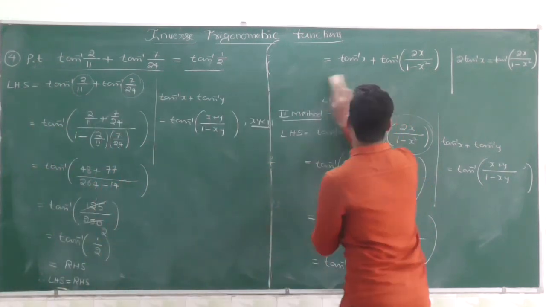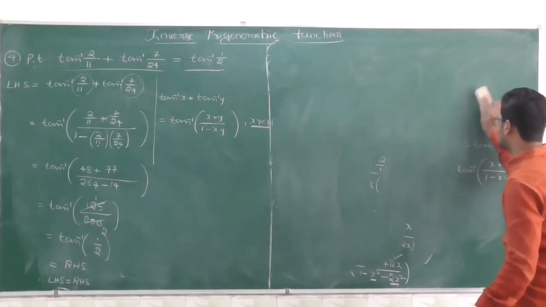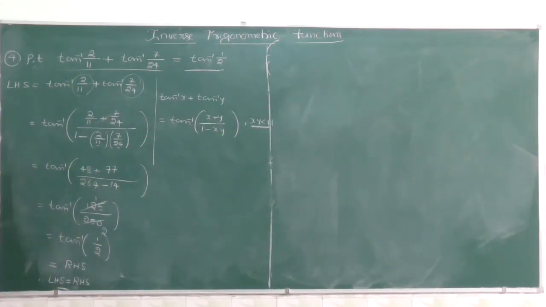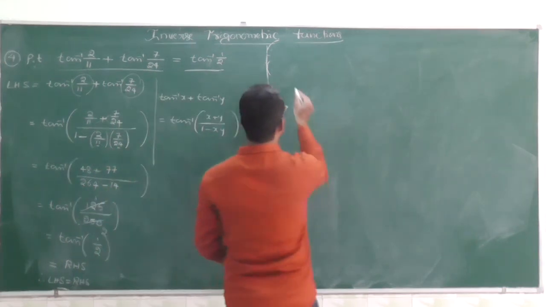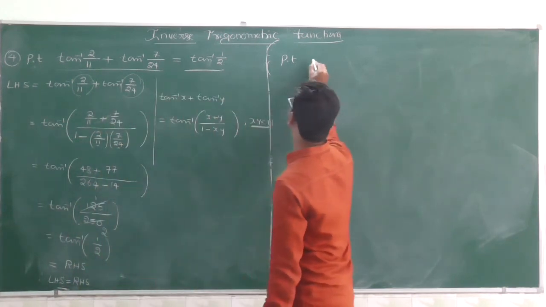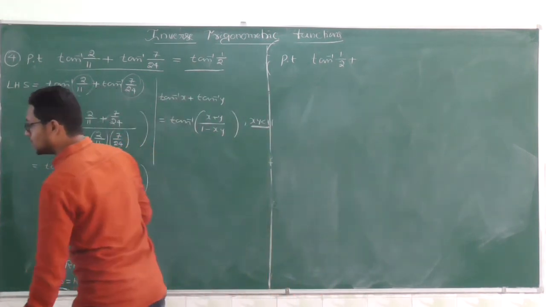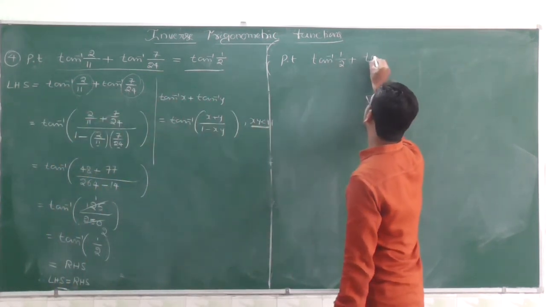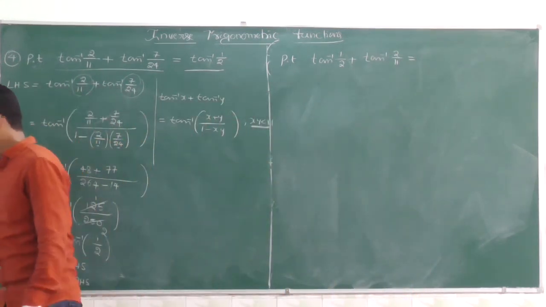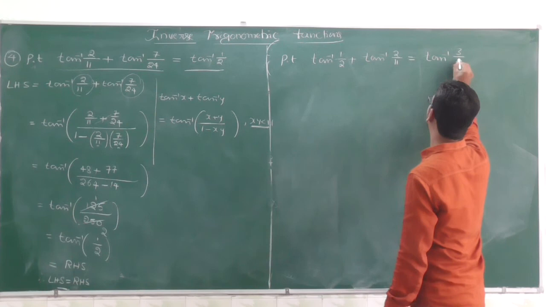Related to this, I will give one more homework for you. One homework problem, kindly note down. Prove that tan inverse of 1 by 2 plus tan inverse of 2 by 11 equals tan inverse of 3 by 4.